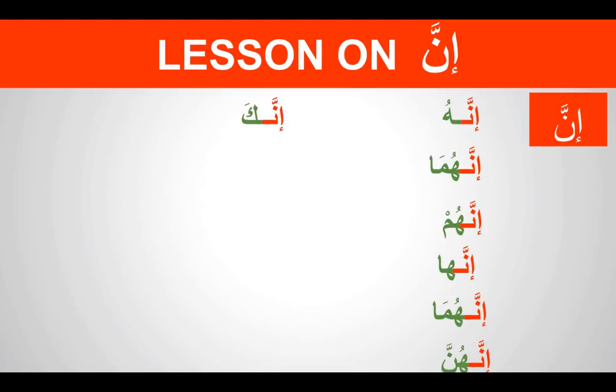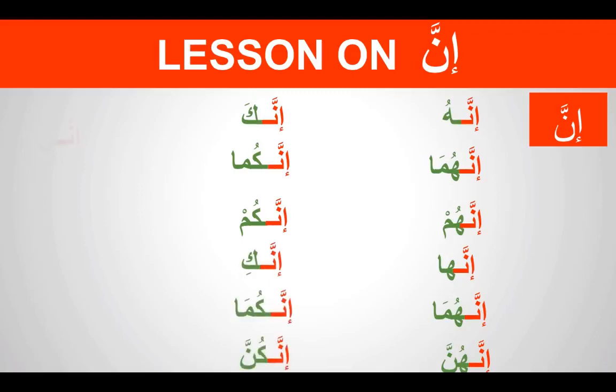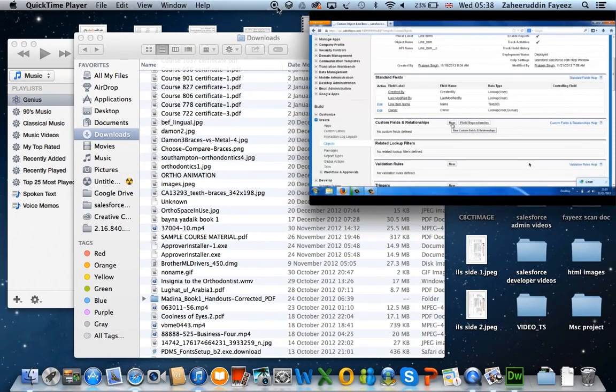Innaka antas samiul alim. So innakuma, innakum, innaki, innakuma, innakunna, inni. With inni is ya mutakallim. We can say either inni or innani and innana. So this is how we can attach pronouns to inna and be looking for ismu inna, khabar inna.